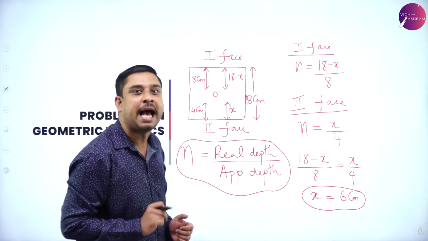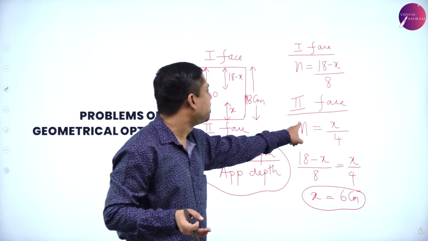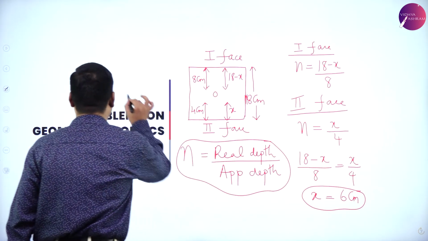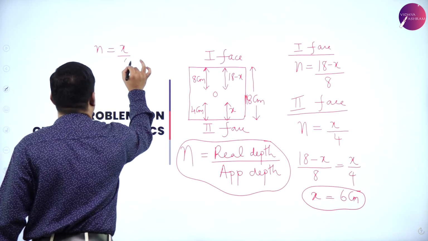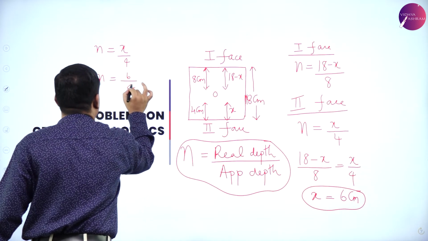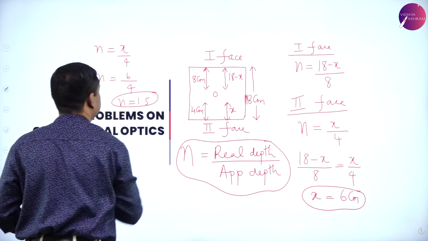I should also calculate the refractive index. More simple. Substitute x in any one of those expressions. So we have n is x by 4, n is 1.5. Game over.